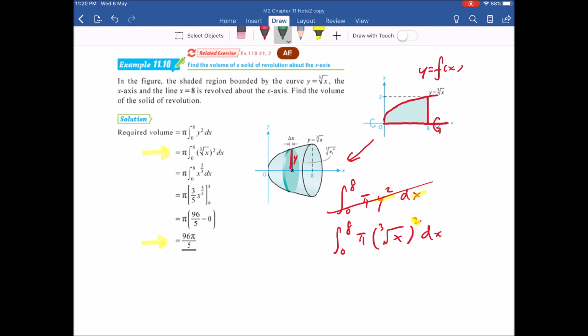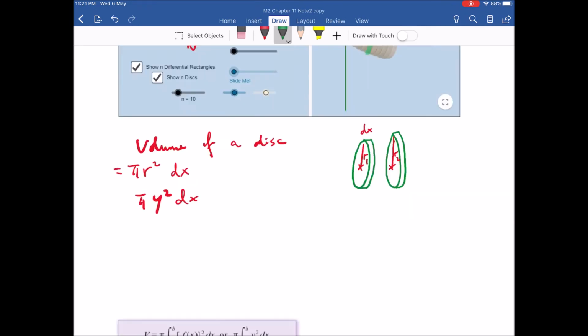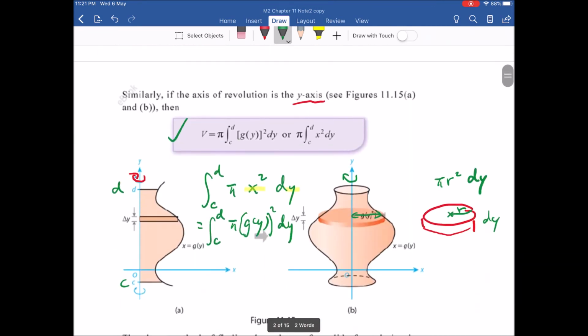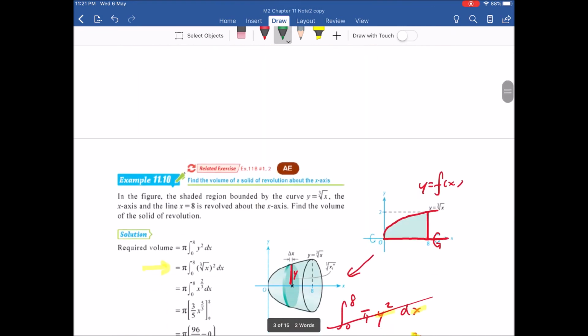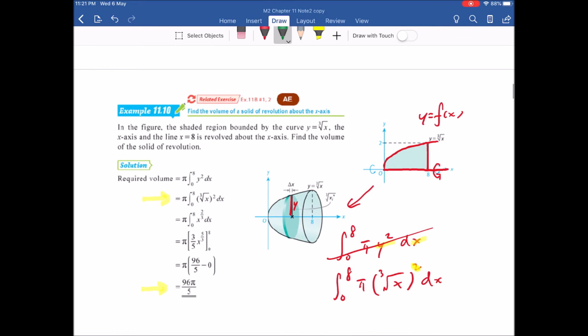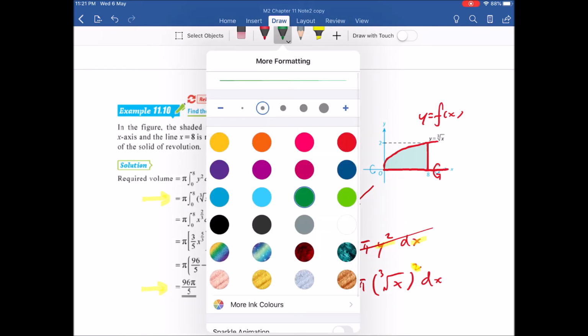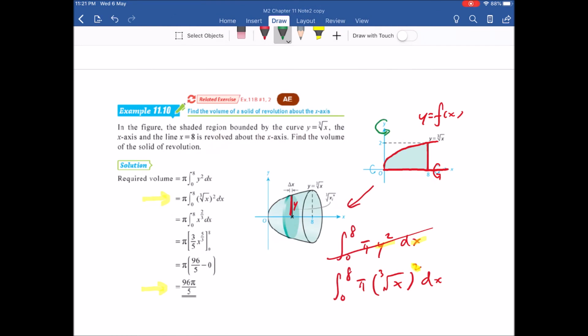If it is rotated about the y-axis, this area bound by this one is rotated about y. Oh, sorry, I jumped to another page. If it is rotated about the y-axis, do you know the shape?